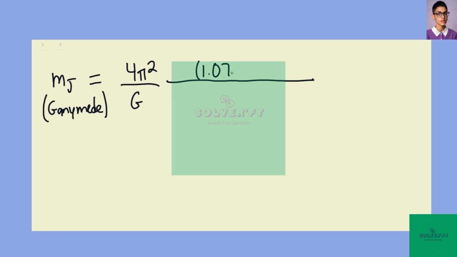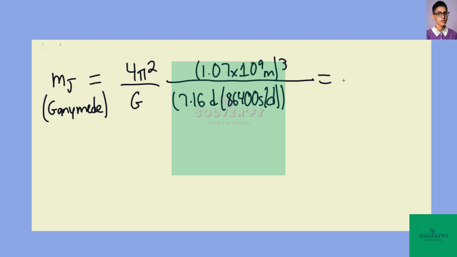So that'd be 1.7 times 10 to the 9th meters. This will be cubed, and then divided by the period of Ganymede, 7.16 days, times 86,400 seconds per day. And this is giving us 1.89 times 10 to the 27th kilograms.